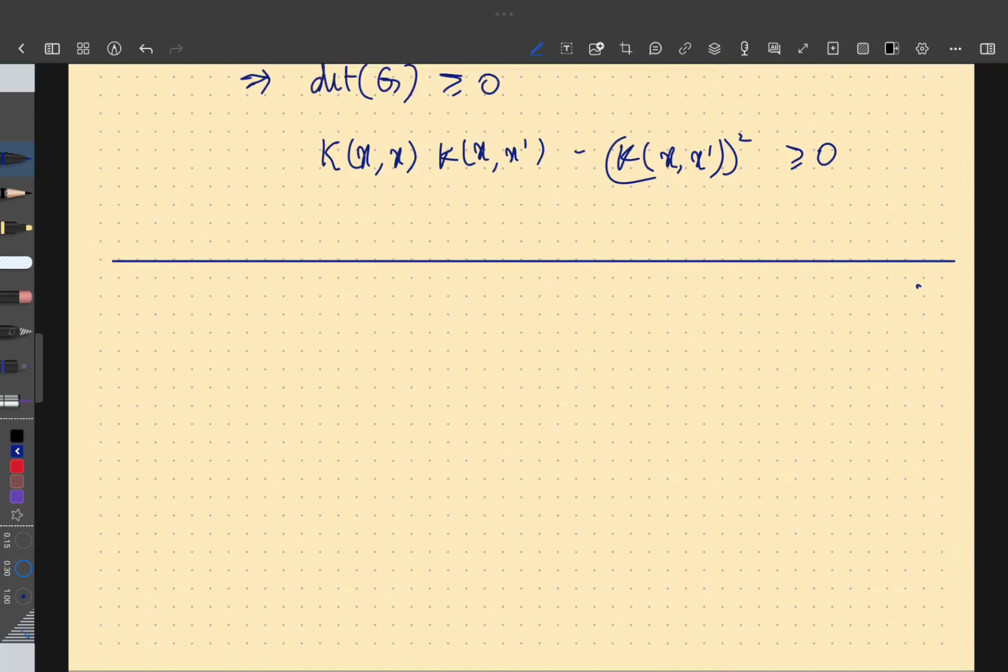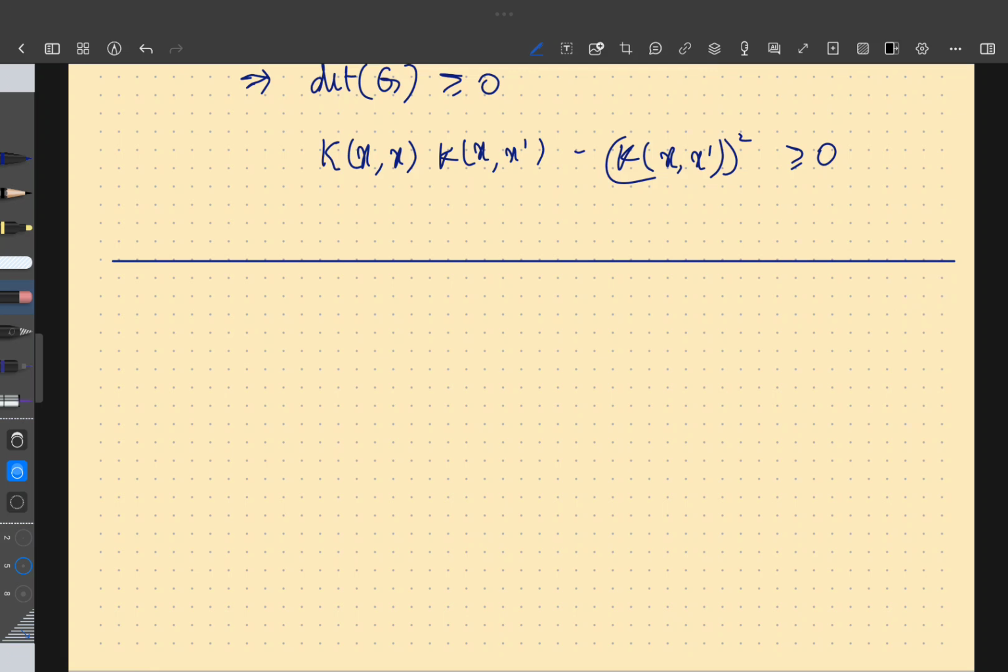So as we discussed earlier, if you take any PDS kernel, then that gives rise to an embedding into a Hilbert space, the feature space as we call it. But as it turns out, there's a specific class of Hilbert spaces for which there exists a kernel.